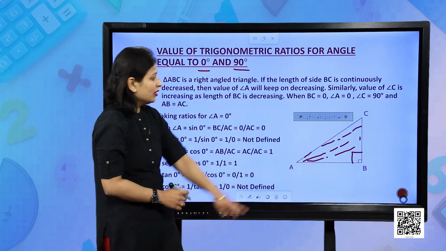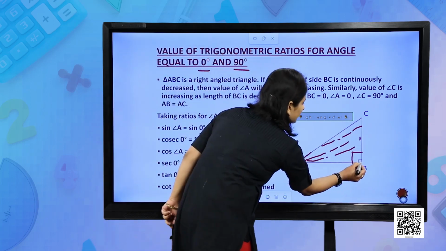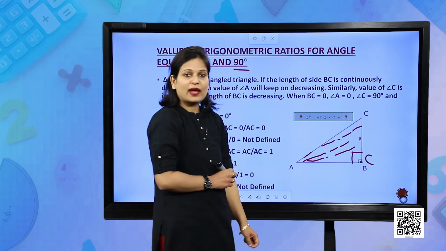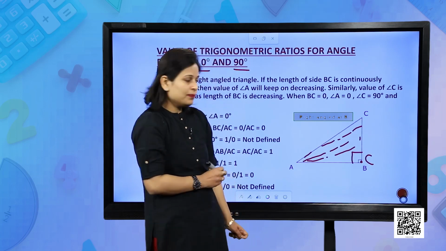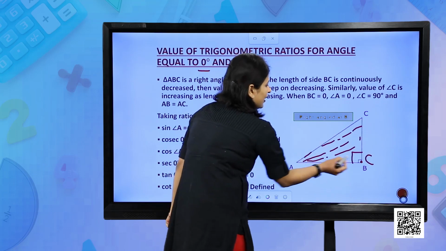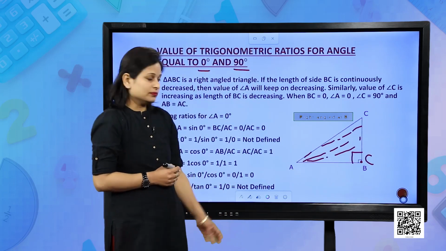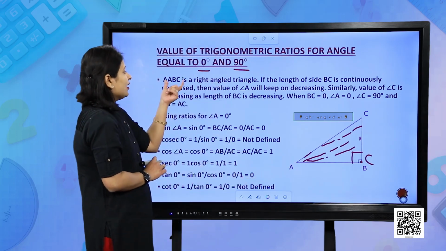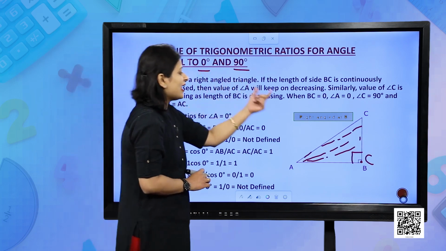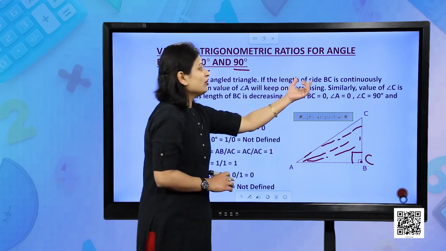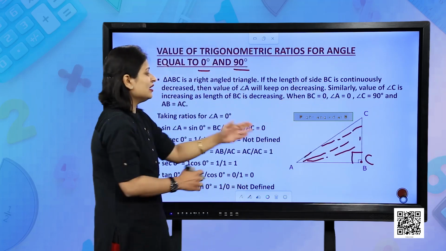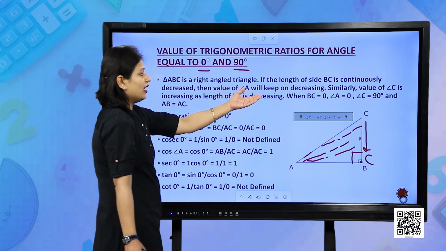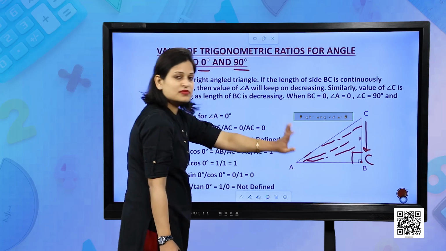The points C and B will coincide. So, angle C will become 90 degrees, AC and AB sides are equal, and angle A will become 0. So, in triangle ABC which is right angled at B, if the length of side BC is continuously decreasing, then the value of angle A will keep on decreasing, that means it will become 0.